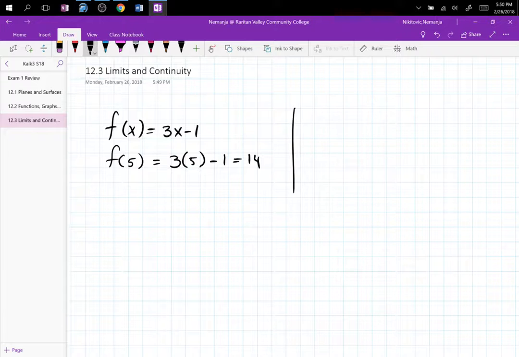On the other side, you had the limit as x approaches 5 of 3x minus 1, and you also had 14.